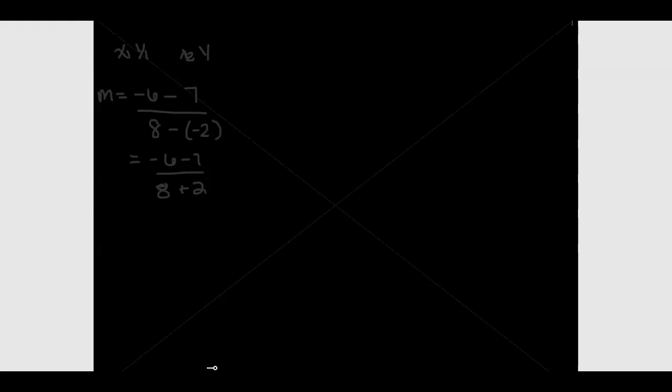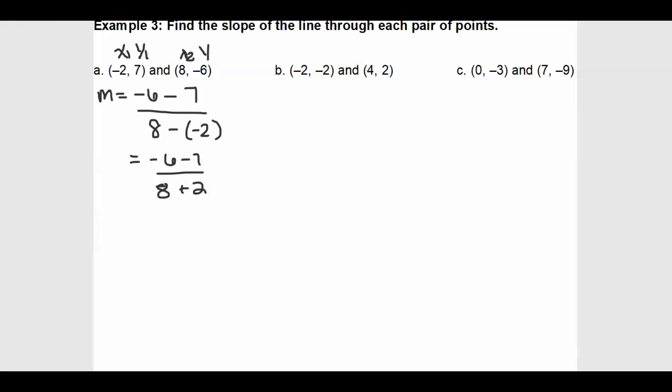And then the idea would be that negative 6 and negative 7 is negative 13 over 10. When we are talking about slope, we want to keep our slope as a fraction.